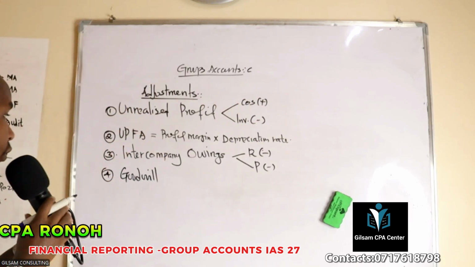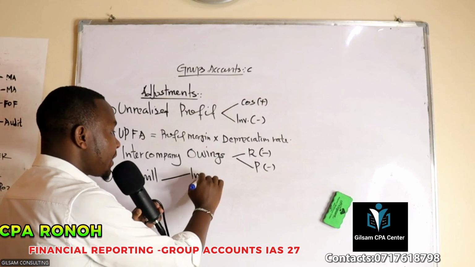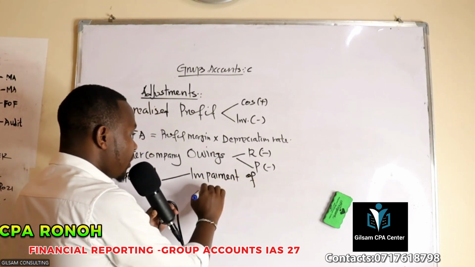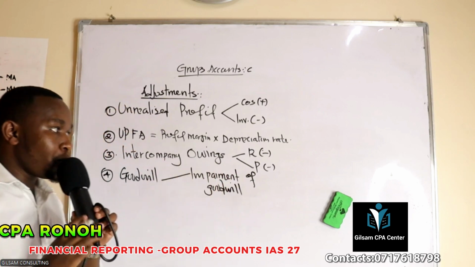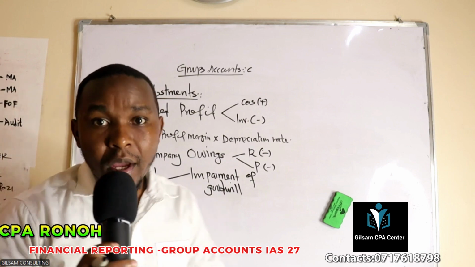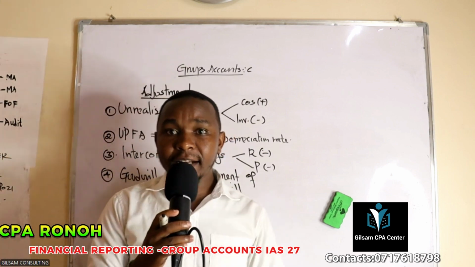With this goodwill, we can get the impairment of goodwill. And where do we take this impairment of goodwill? My good learners, give your answer in the comment section.